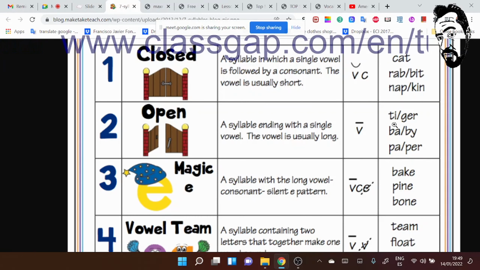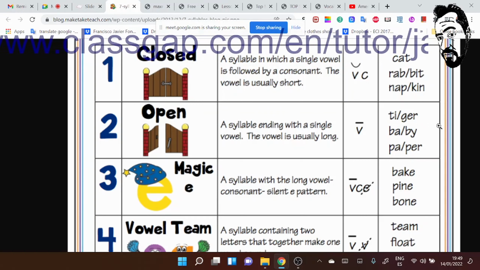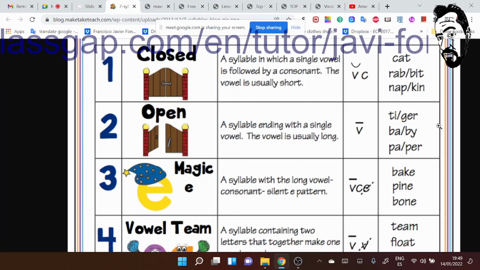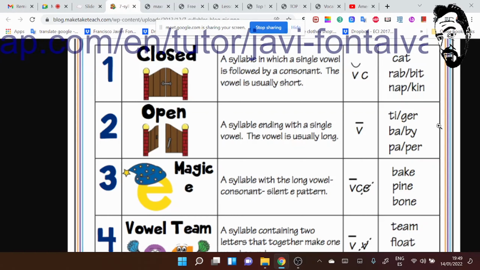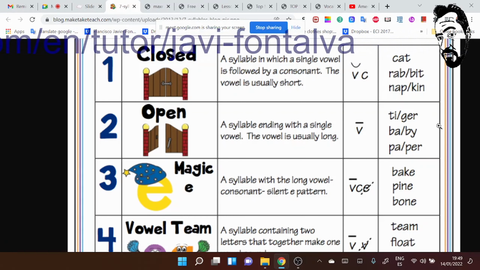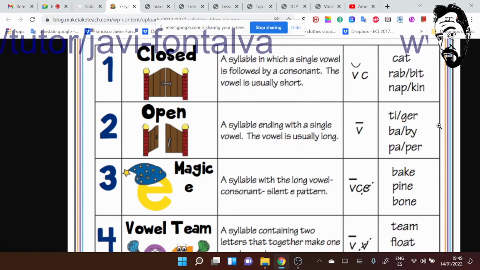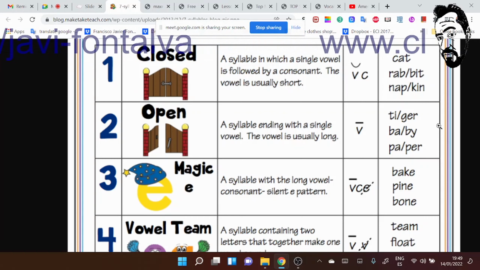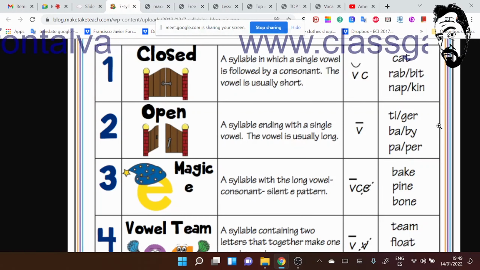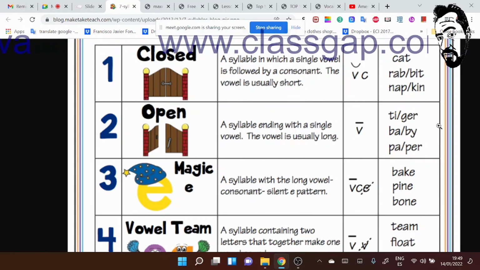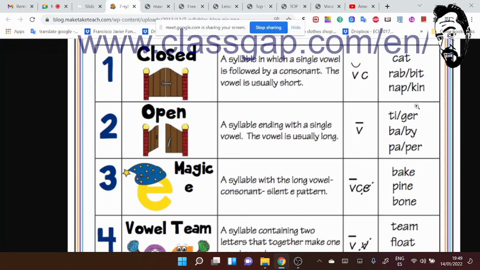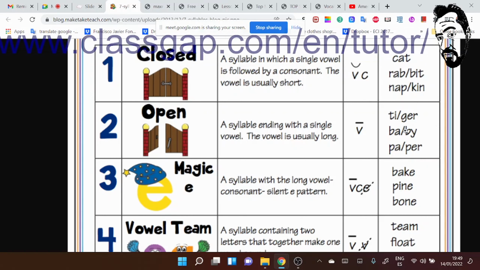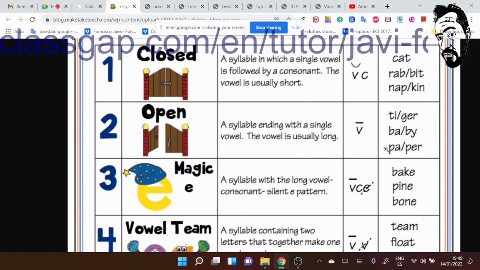So I say tiger. Yeah? Tiger. Because the syllable ends in a vowel. So the sound is gonna be long. Okay. Right? So it's about the syllable, okay? It's not about the word. Okay. By the way, this slash is the division of the syllable, okay?